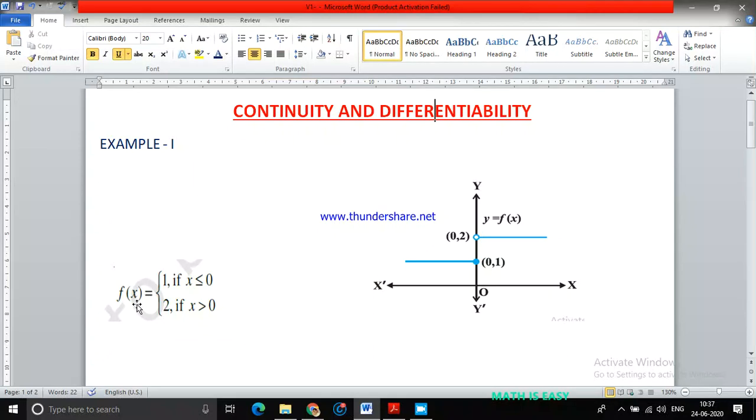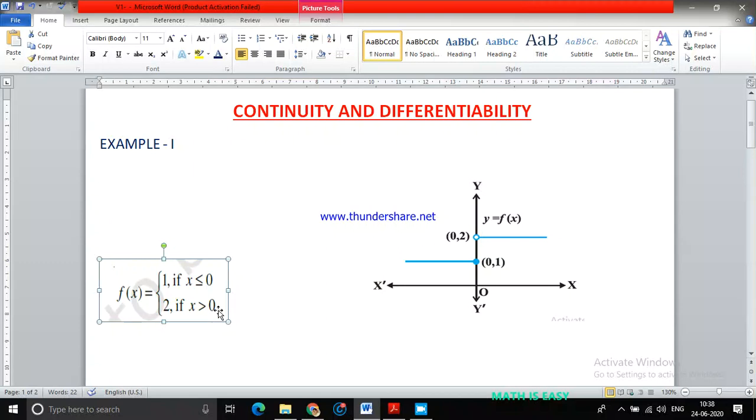Okay, let me take the function f of x equals 1 if x is less than or equal to 0. That is, whatever value you take from minus infinity to 0, the f of x value is going to be 1 only. And if x is greater than 0, your f of x is going to be 2.